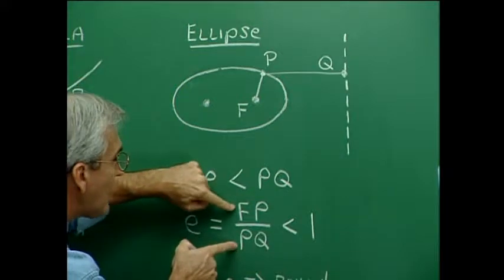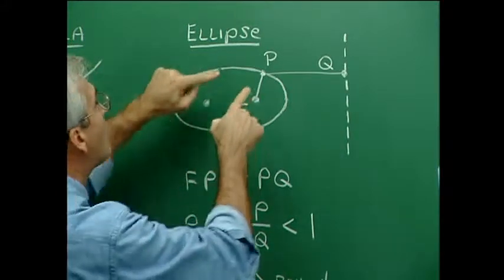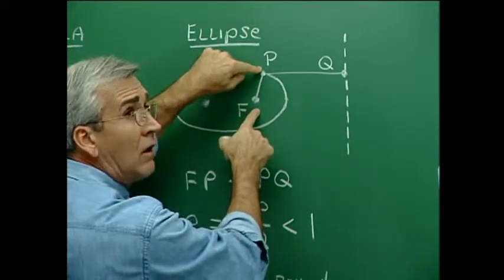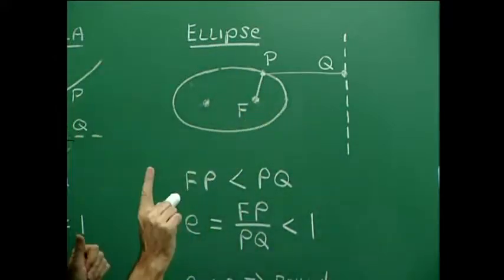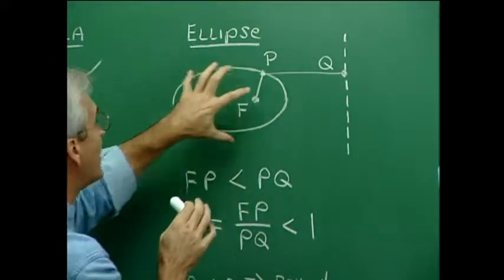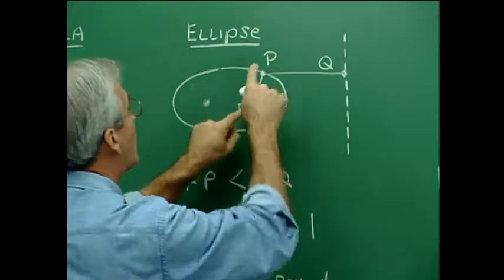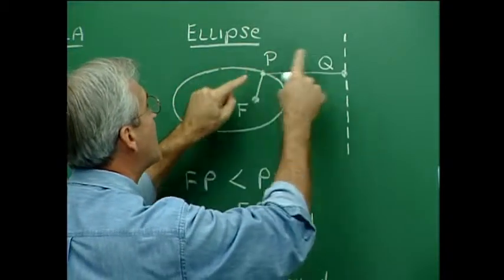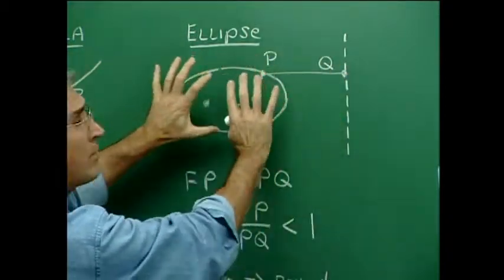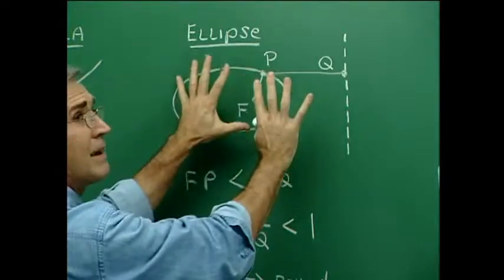And this ratio is the same for every point on our elliptical curve. That's the idea that gives us the definition here: the ratio of FP to PQ for every point on the ellipse is the same.